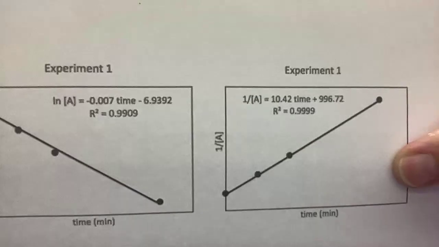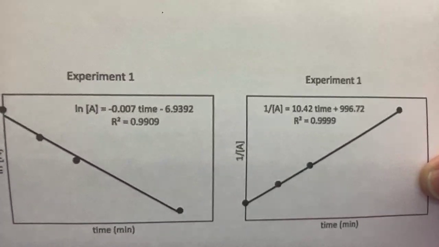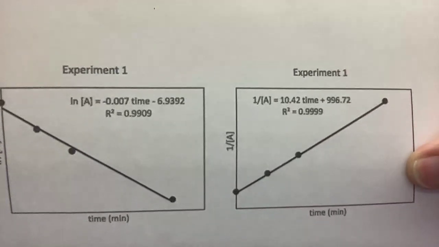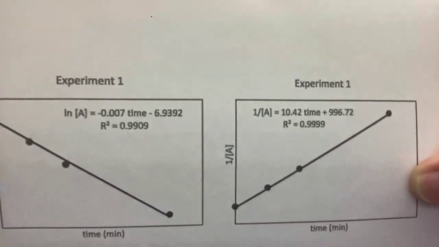1 over the concentration of A is equal to 10.42 times time plus the y-intercept.